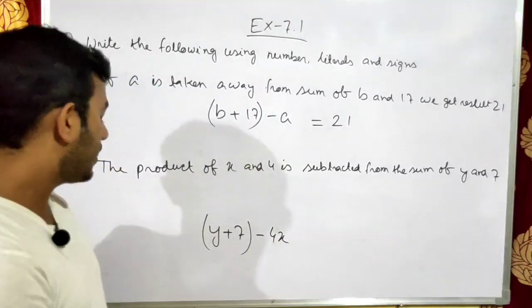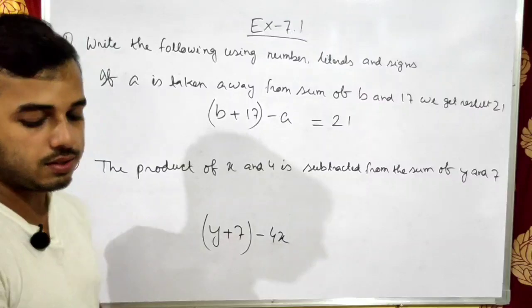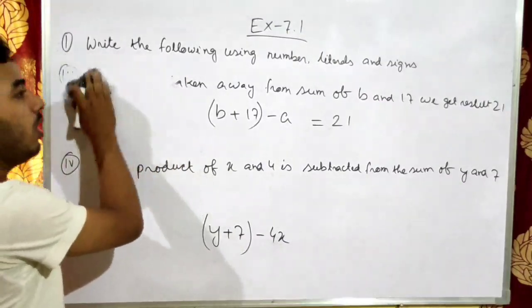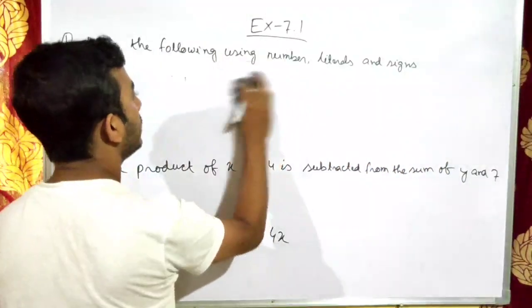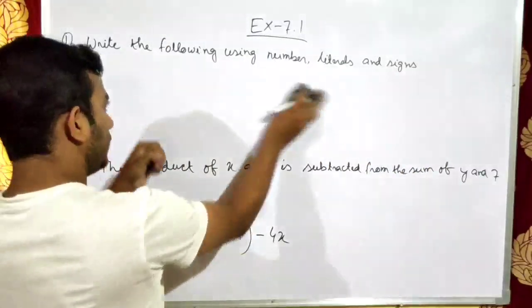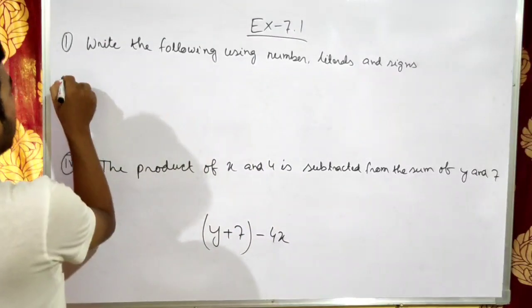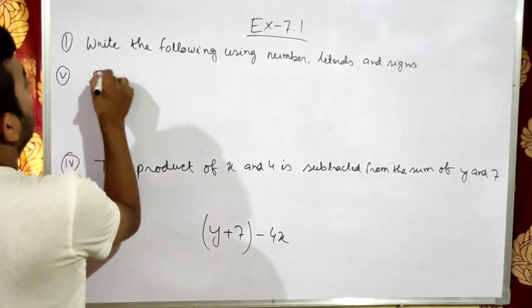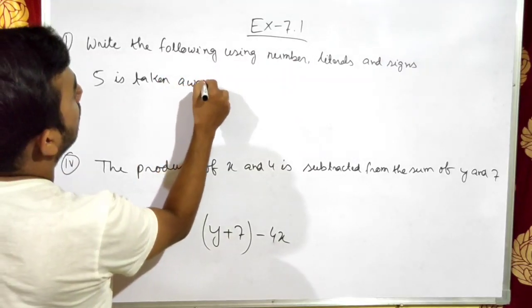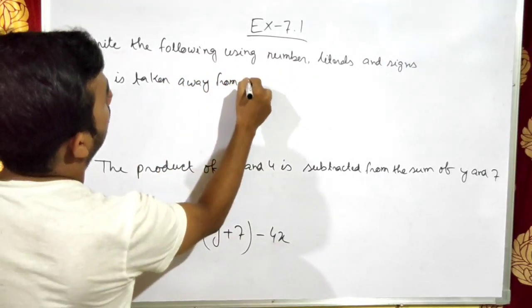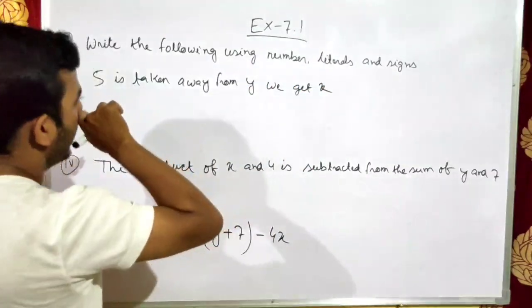Now let's move to the next equation, that is, 5 is taken away from y, we get x. Taken away means what?